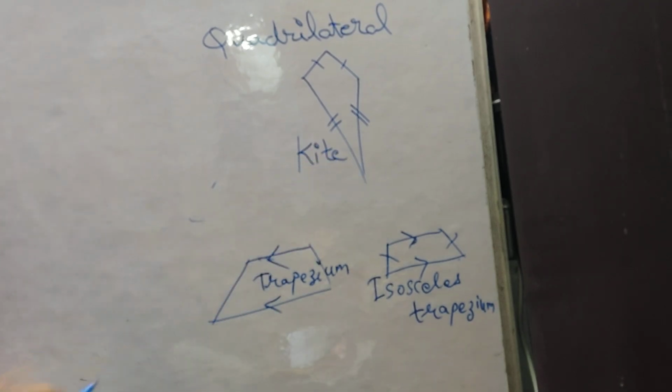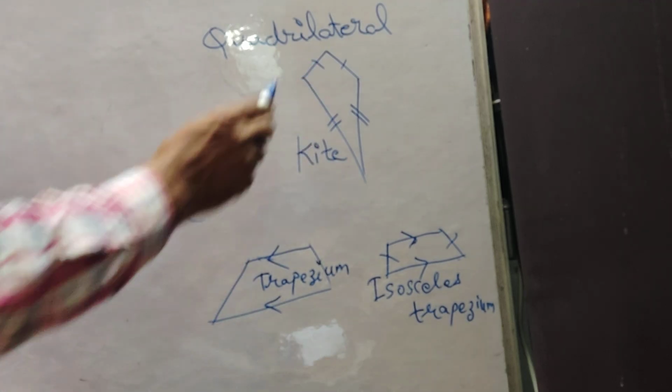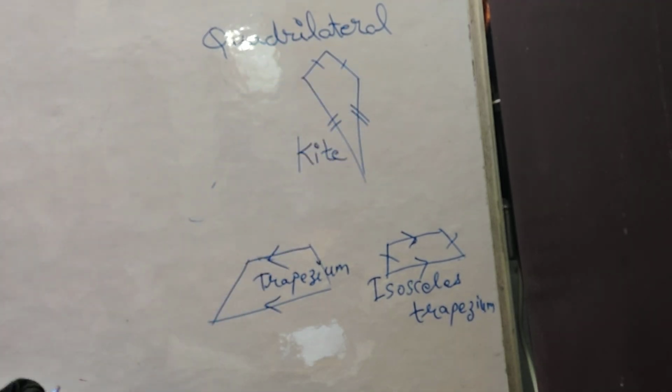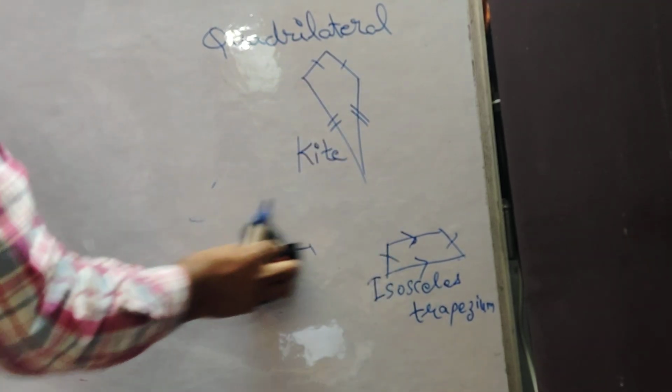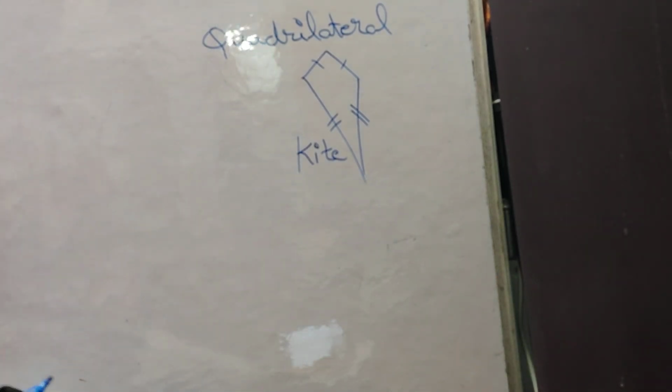Yes, it is a flying kite-like shape. In a rectangle, opposite sides are equal, but in a kite, adjacent sides are equal. There is no other available now.